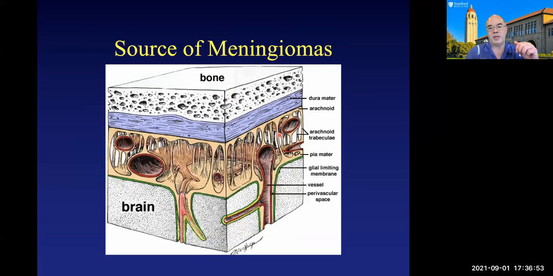Between the blue dura and the brain, there's a layer called the arachnoid and pia. Here's the arachnoid. Meningiomas are thought to originate from the arachnoid cap cells, which are cells right inside the dura here. So anywhere in the brain where you have dura and arachnoid is where you could have the development of meningiomas.